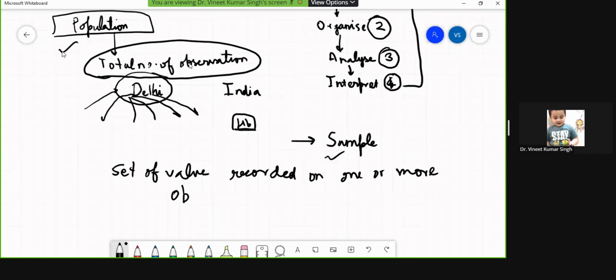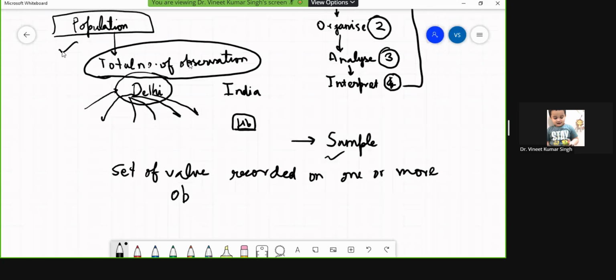And third is mode. Mode is that value which occurs maximum number of times. Value with maximum frequency. So in a data set, there can be more than one mode. Okay, bimodal, trimodal, there can be more than one mode.